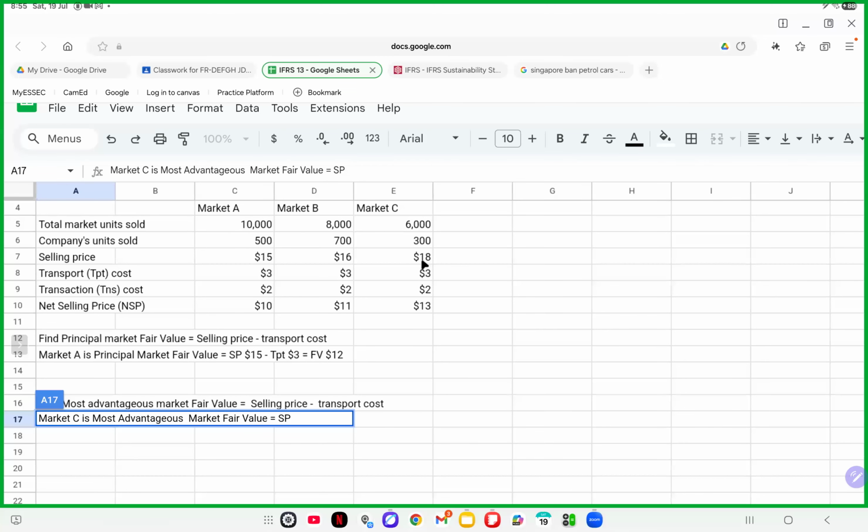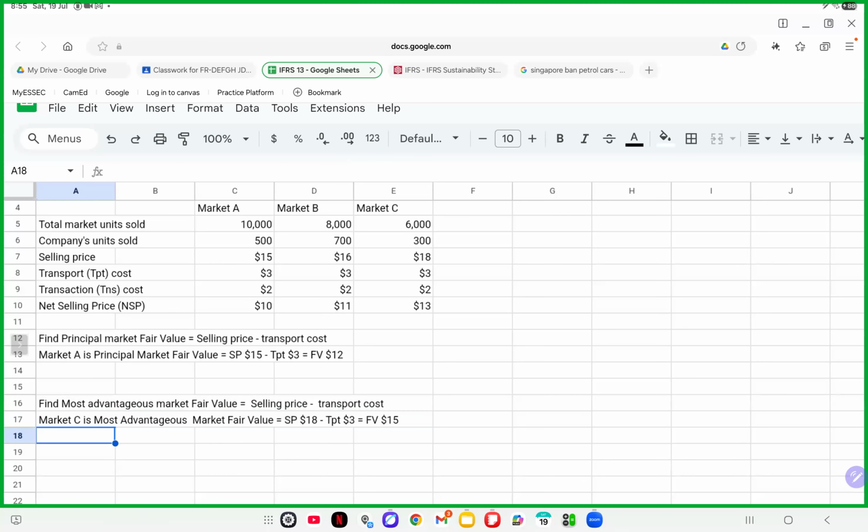Right, do you see 18? Minus only a transport cost of 3. So 18 minus the TPT, transport cost of $3. So students say, wait, hang on, isn't that your most advantageous market? Fair value is $15.